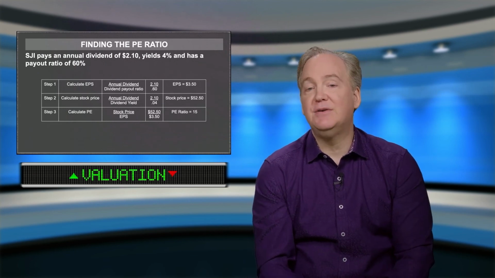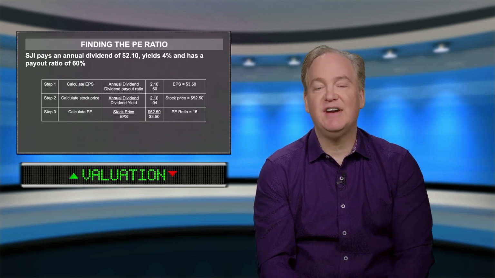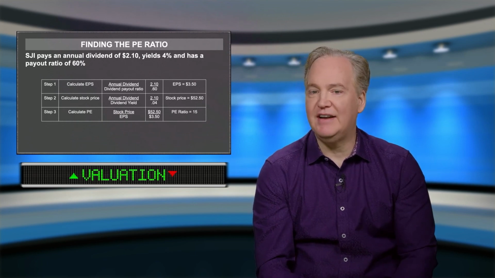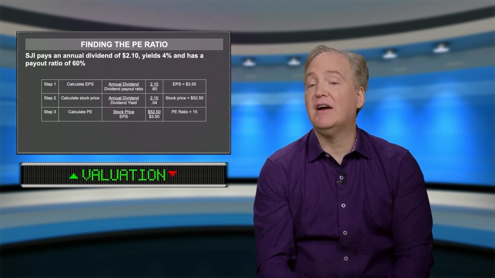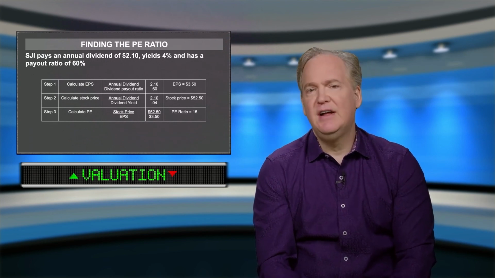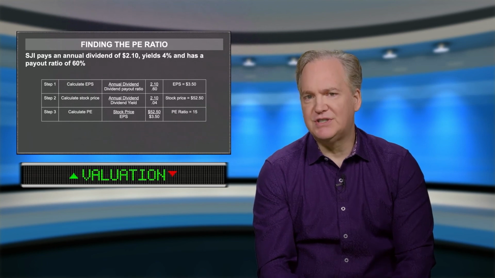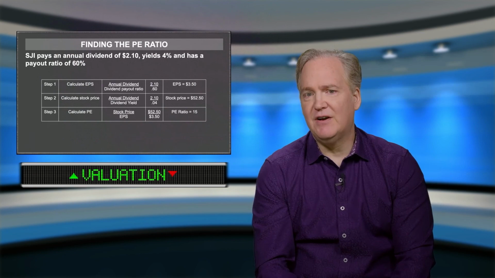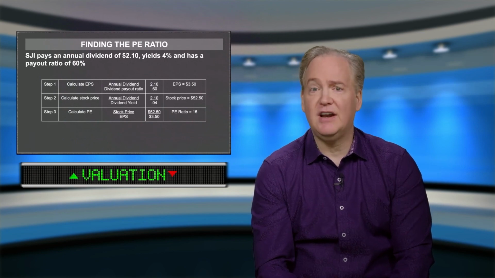Or they could ask you how to calculate a stock price given an annual dividend and a dividend yield. Again, another simple calculation. We answer the question and move on. So make a note of this calculation. It's a great example of a style question you will see on your test. And each one of these calculations is fair game for the basis of a question in and of itself.